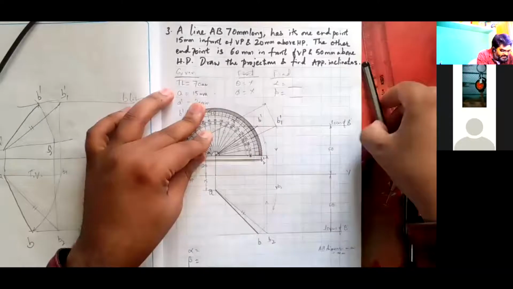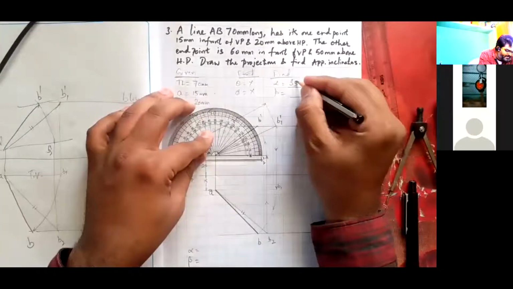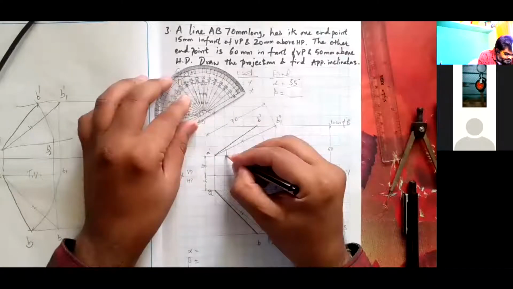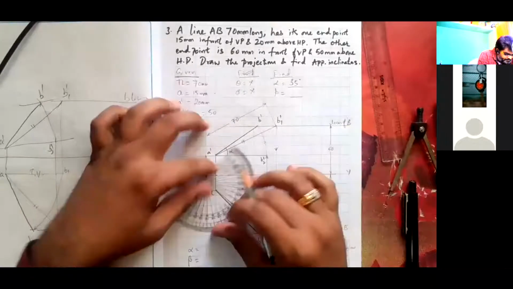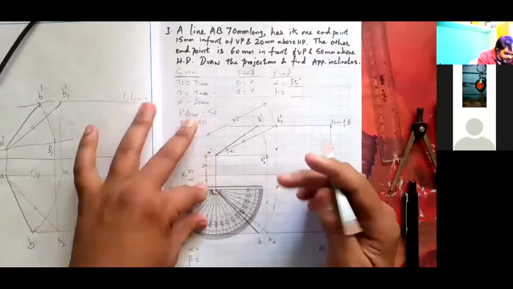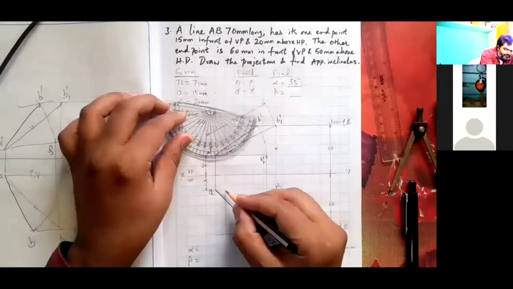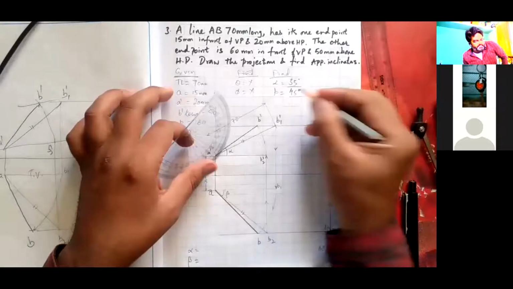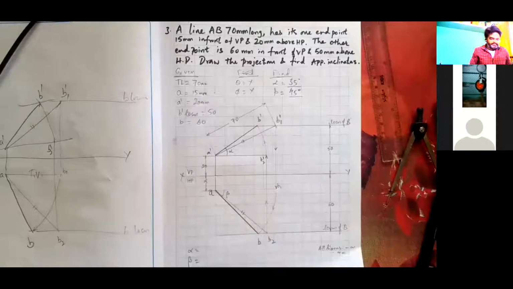Almost everybody should get the same answer, alpha. Similarly, beta. Beta 45, sir. Beta is 45. Yes. Right. Alpha is 35 and beta is 45 degree for me.